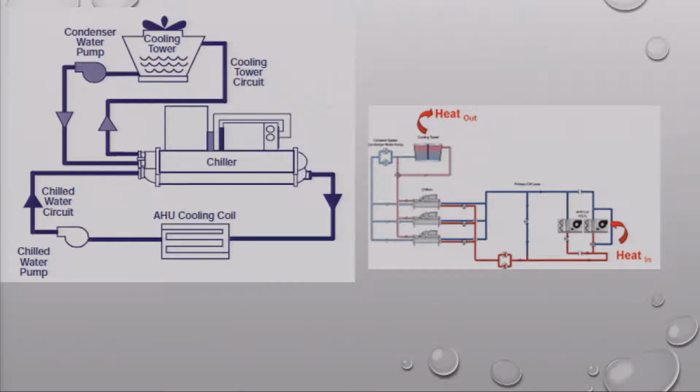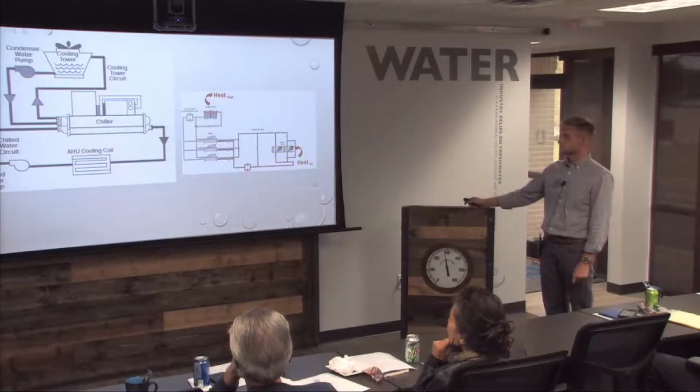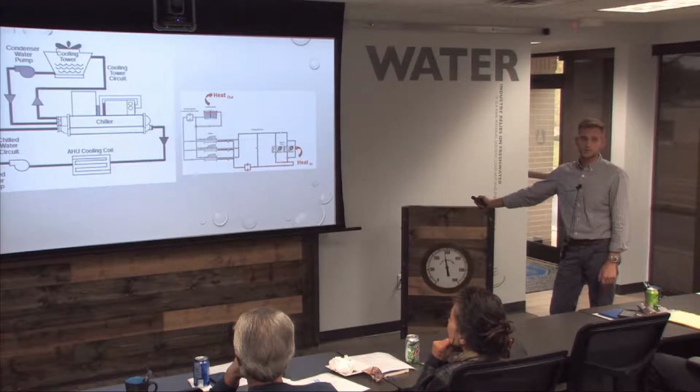So again, it's all about rejecting heat. That's why we put in cooling towers. It allows us to cycle up. Number one, reduce, reuse, recycle water, and two, it's a great heat rejector. So here's just kind of a typical rundown of a facility. Pretty standard.